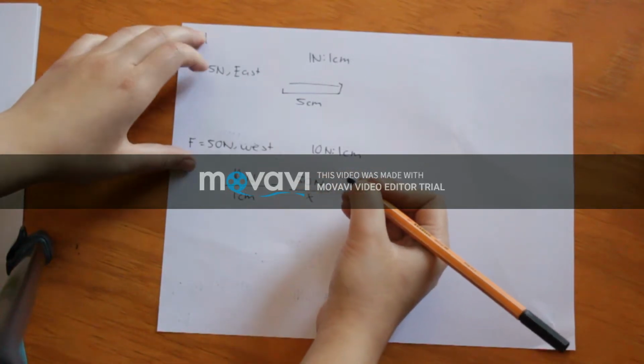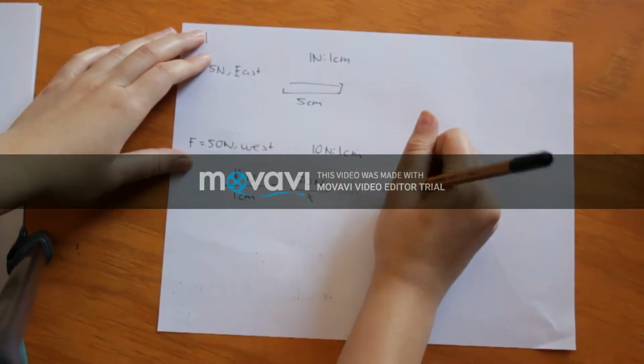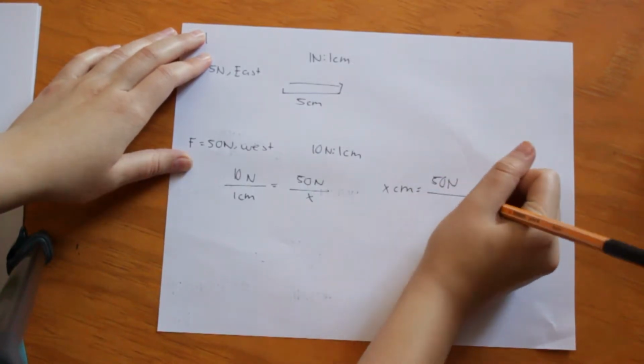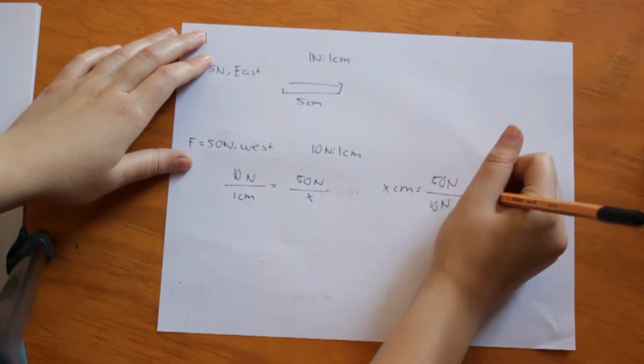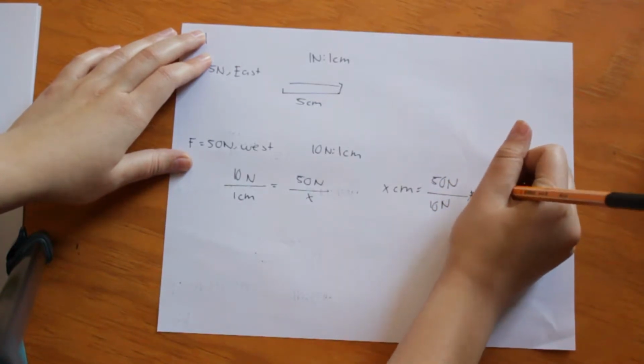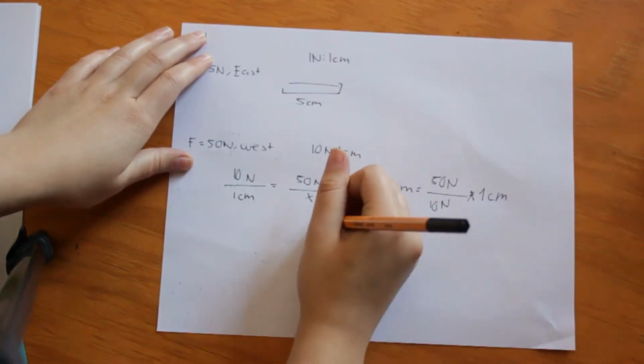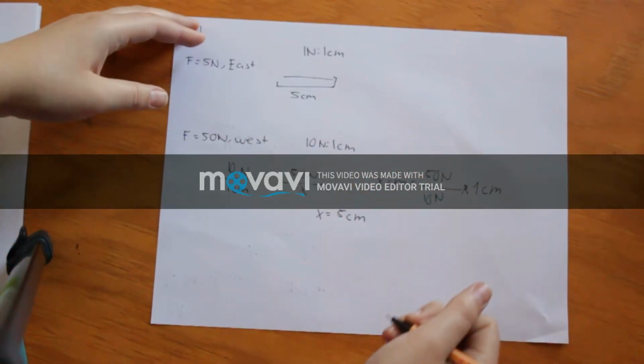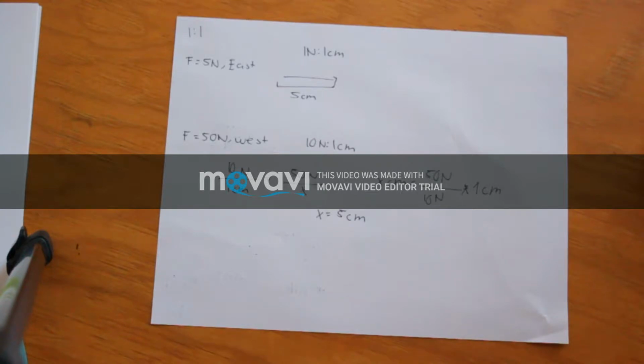It's a simple rule of 3. So x centimeters equals 50 newtons over 10 newtons times 1 centimeter. So x equals 5 centimeters. With this method, you can use more complex scales if needed.